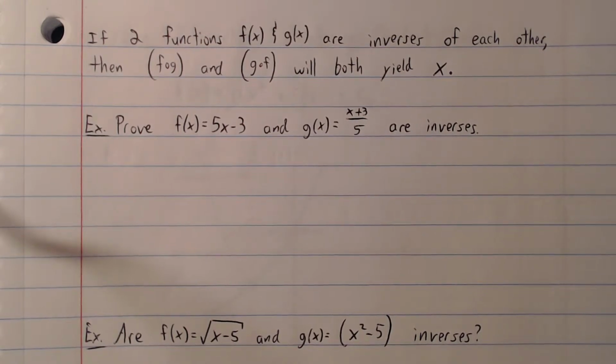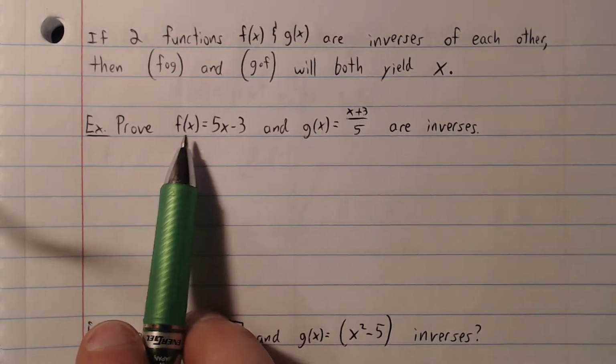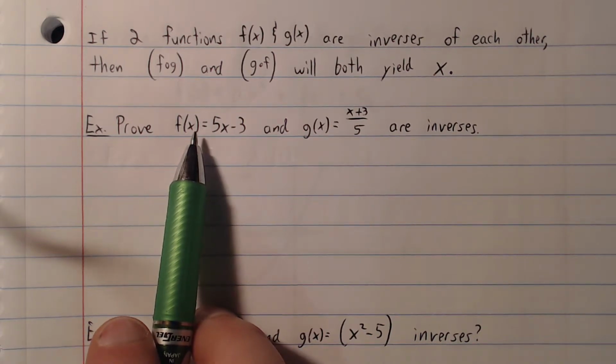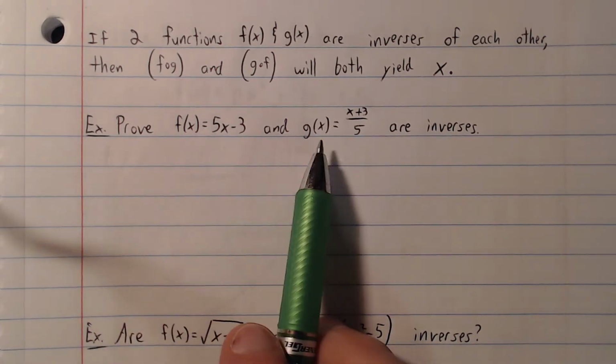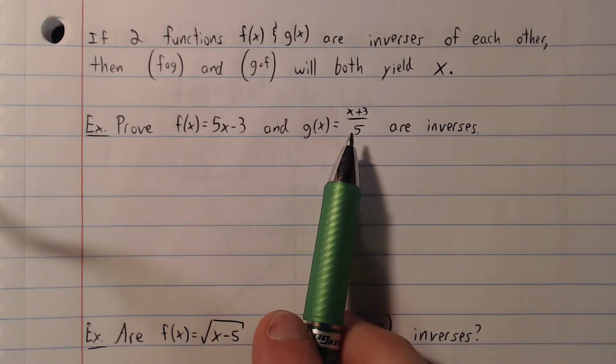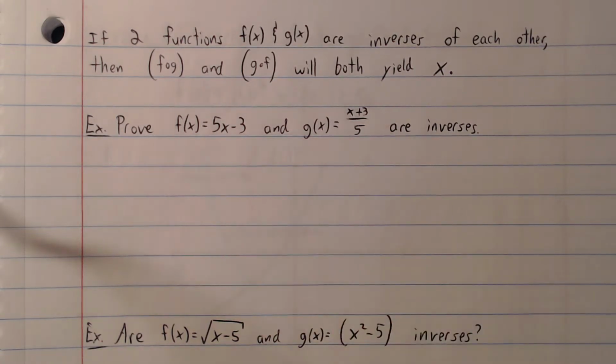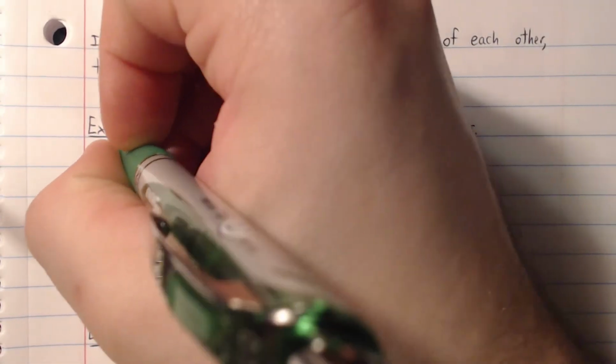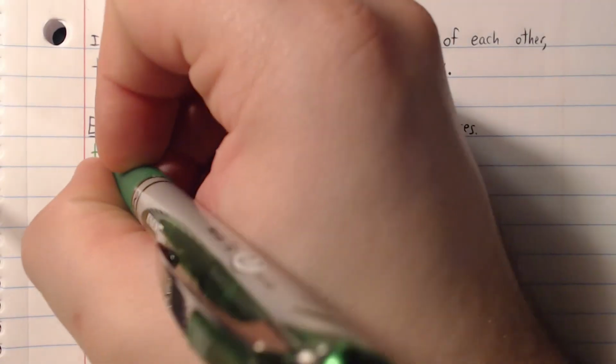Pretty simple. So let's start with the first problem. They give us f of x as 5x minus 3, and g of x is x plus 3 over 5. We want to check to see if they're inverses. So to start, I'm going to evaluate f at g, which is x plus 3 over 5.